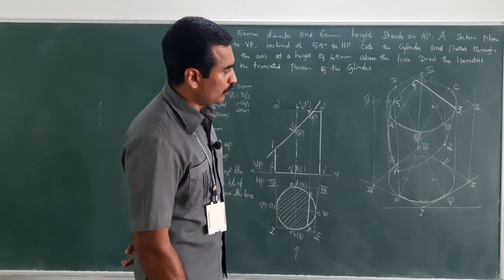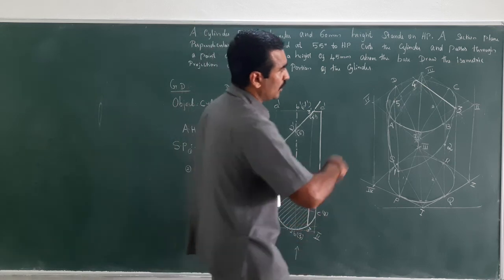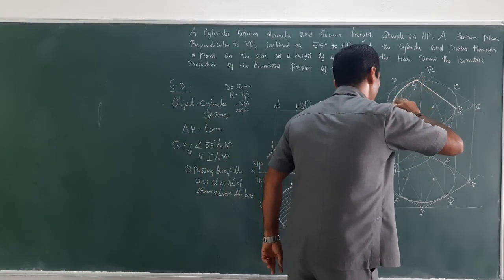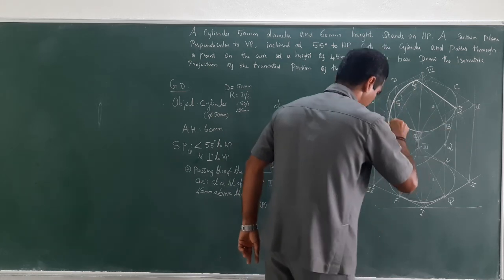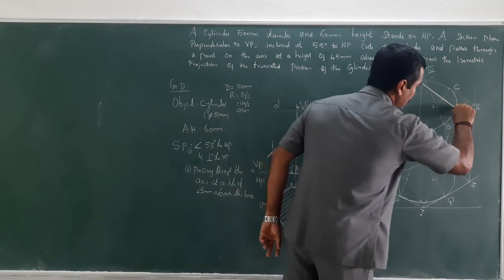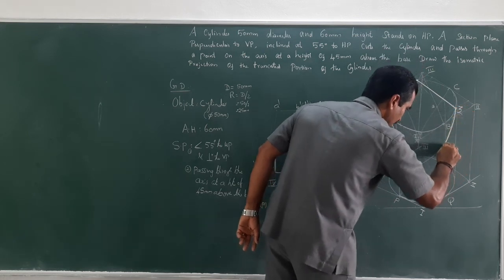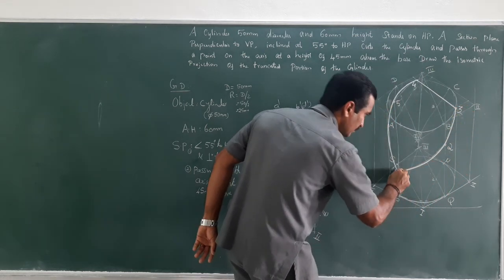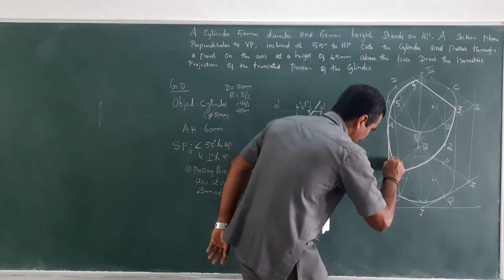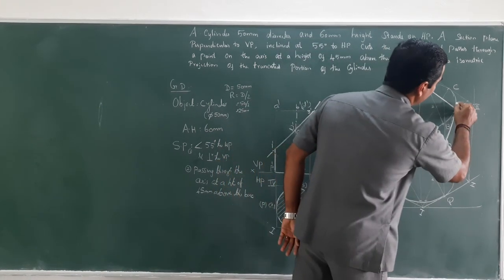Right. So now we'll have to draw it as a dark line. From 3 to 2 and 1, draw it, and the periphery.